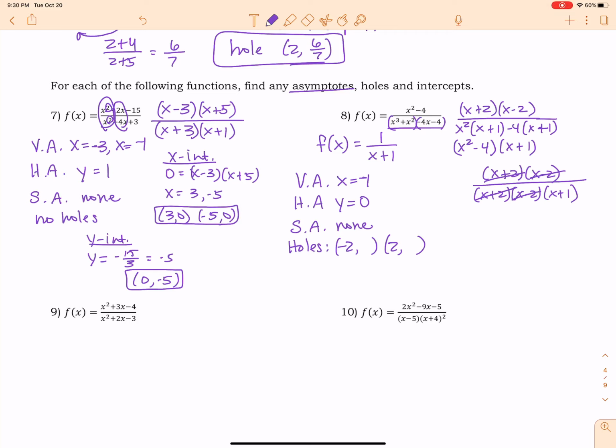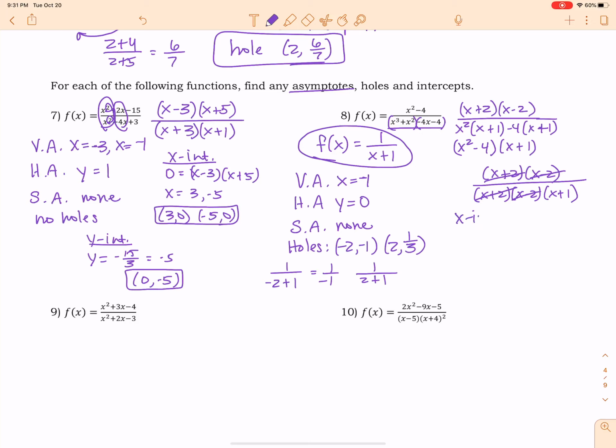So in my reduced form, I'm going to substitute in a -2 here, and that gives me a -1. I'm also going to substitute in a 2. So 1 over 3. So those are the holes right there.